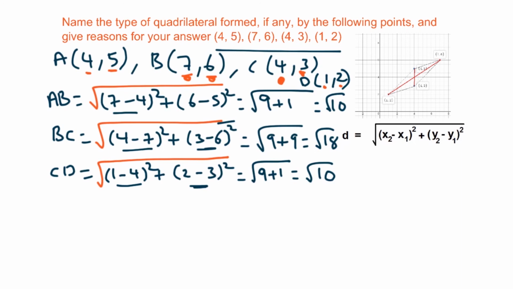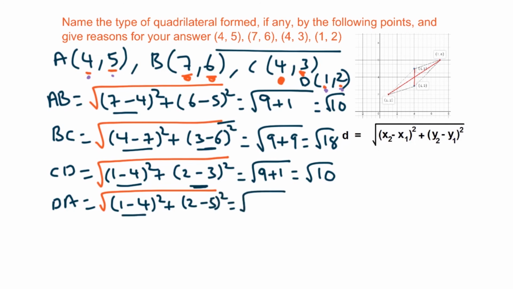Now we have to find the distance between points D and A. So let us say this as x1, y1 and this as x2, y2. Now we will find the distance. x2 minus x1, so 1 minus 4 whole square plus 2 minus 5 whole square.